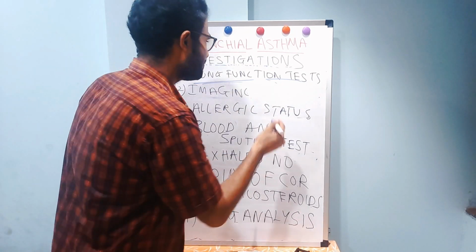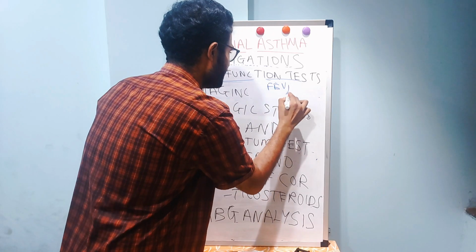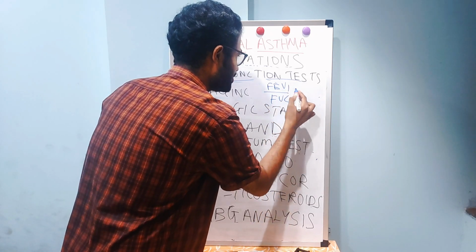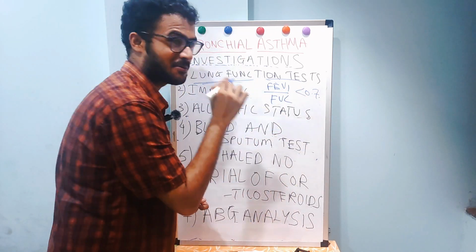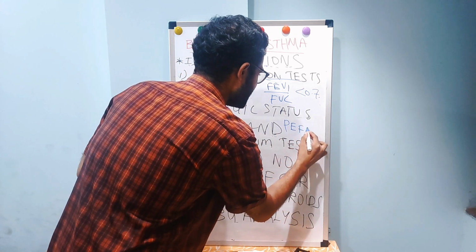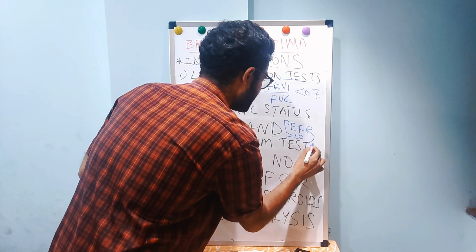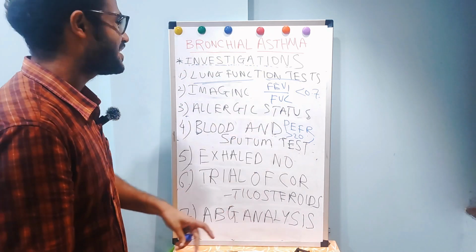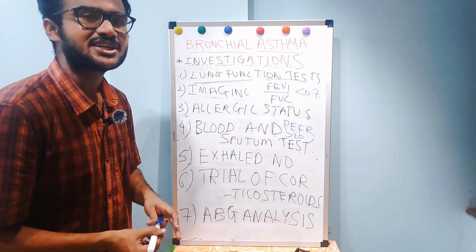So FEV1 by FVC ratio is less than 0.7. You should remember this. And peak expiratory flow rate shows greater than 20% diurnal variation. So you should know this in lung function test.